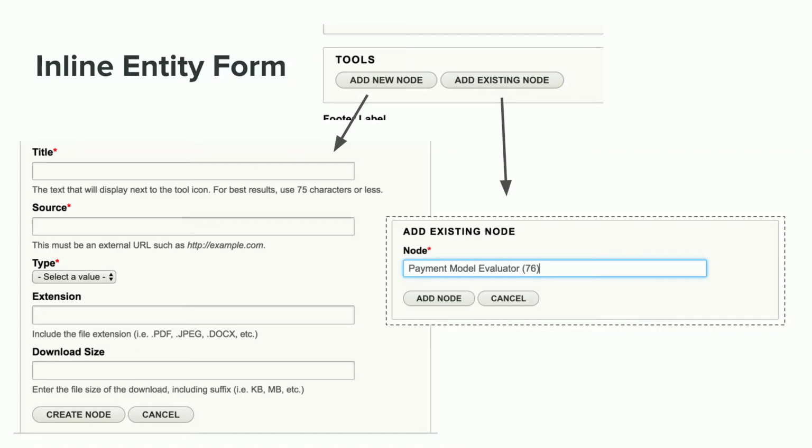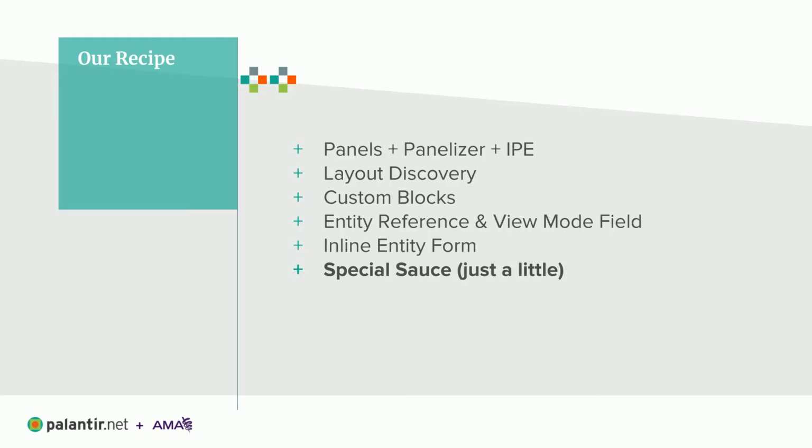With inline entity form, we then just have a little field set that lets you add a new node or add an existing node. These boxes get added right in line in the entity form, and it's a really, really nice experience for the editors, especially for smaller pieces of content where you don't want them to be creating new nodes for every item in a reference list.